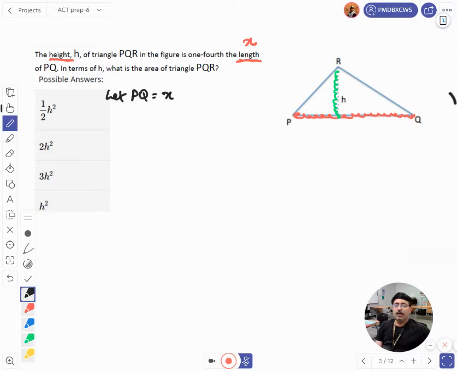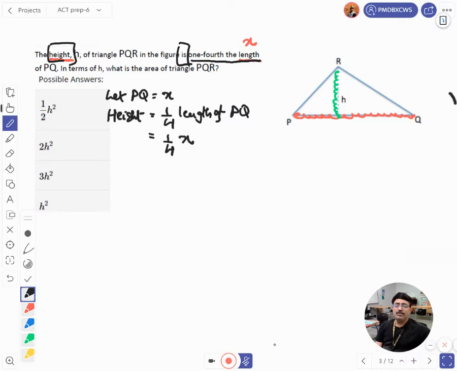And what is the height? It is given that the height of a triangle in the figure equals 1/4 the length of PQ. So 1/4 of the length of PQ, which is x we assumed.